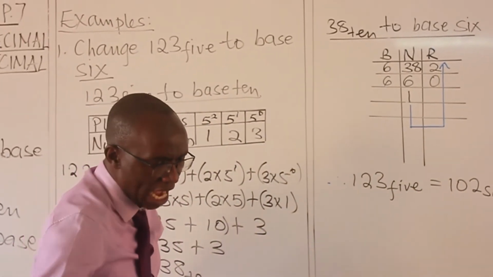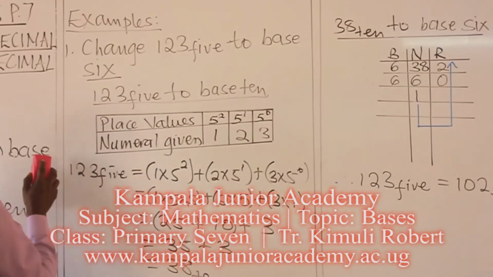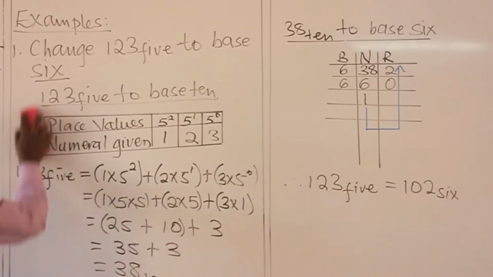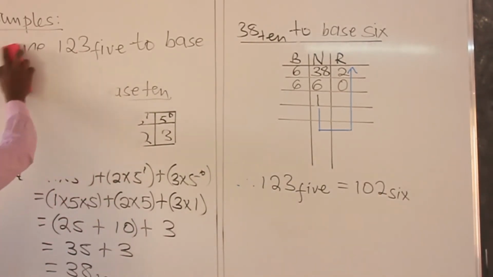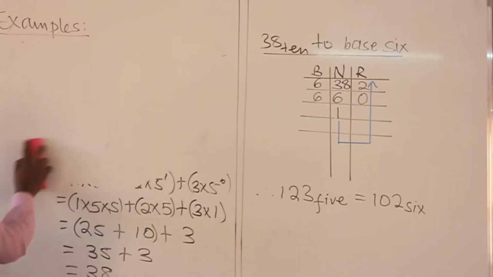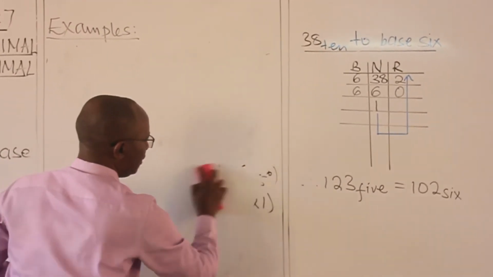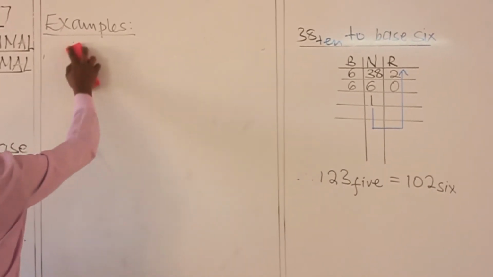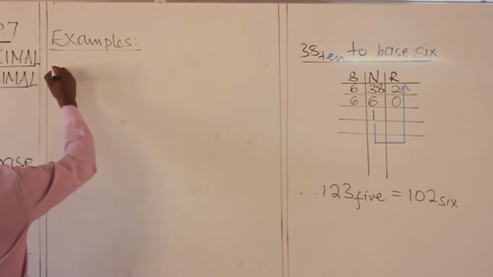Now we are going to look at another example. We need more examples to understand this. So you must have written this. We go to the second example. Second example, that is number 2.